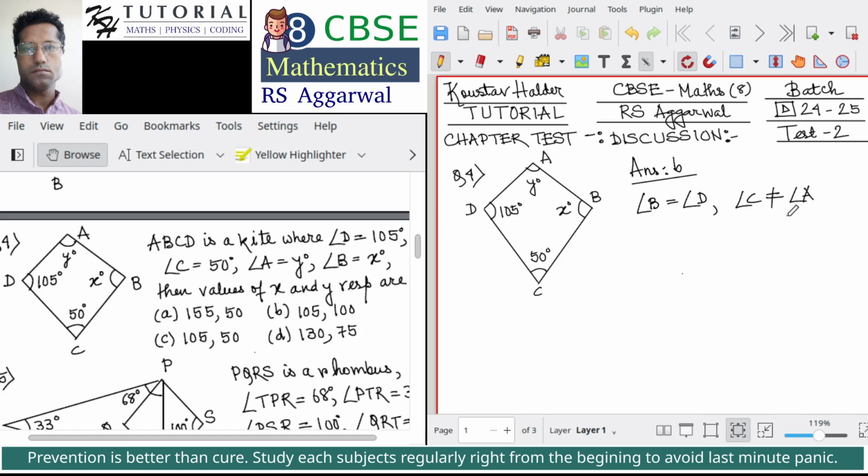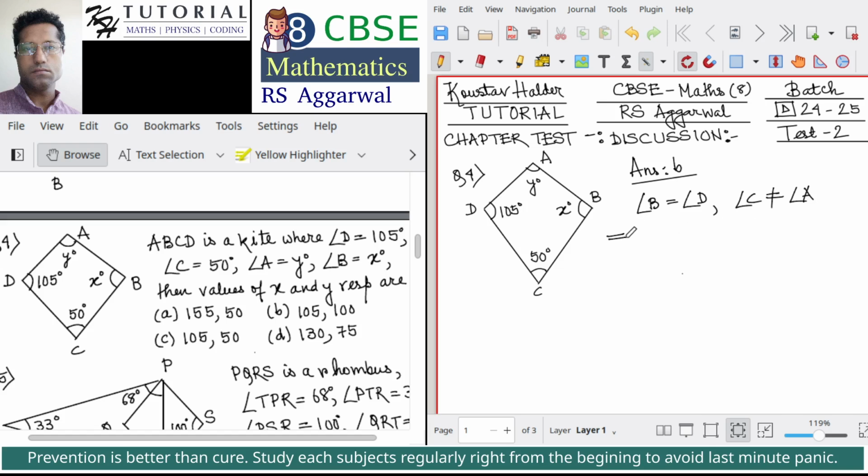If you ignore the visual aspect, then mathematically this problem can have two solutions, which are choices A and B. But if you see the kite visually, angle D and B are looking equal, and angle C and angle A are not equal.